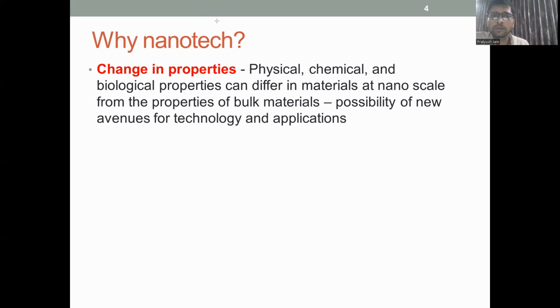There was a change in physical properties, chemical properties, and biological properties. Because of that change, new avenues opened up for technology and applications. Now we had new potential uses for those materials.